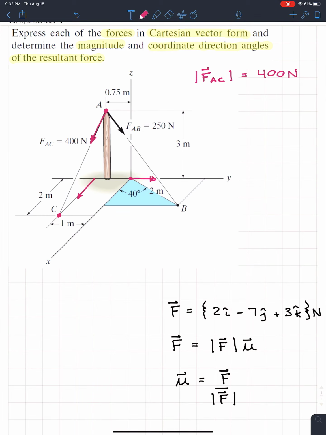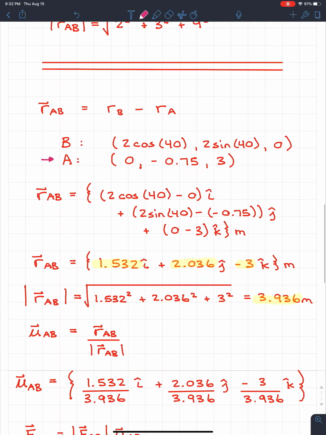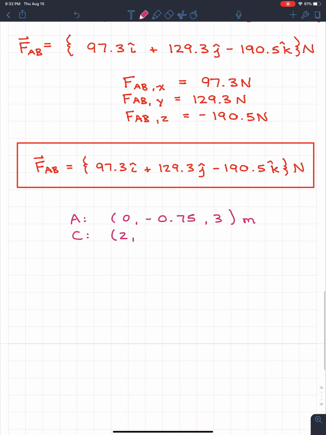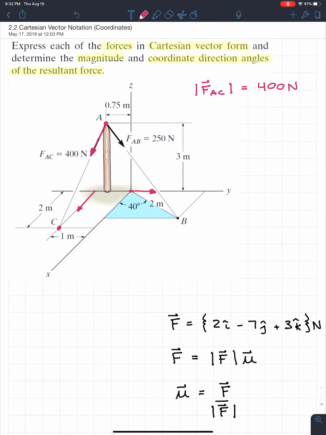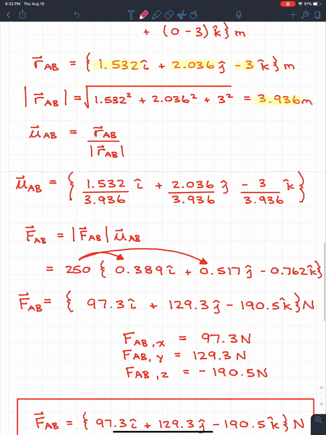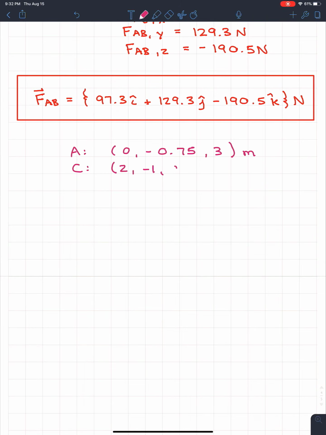And like A itself, it's behind, in the negative zone, so it's -1. And it's also similar to point B, where it's in the xy plane, so the z coordinate is 0. And then it's a coordinate, so we have to put its units, meters. All right, so this is a little bit easier.